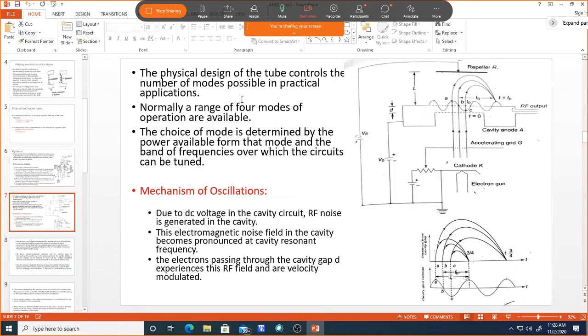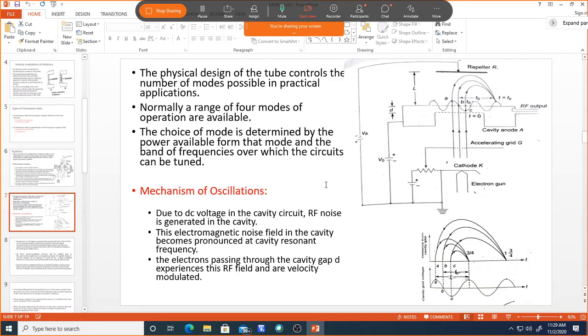So this physical design, the repeller space, controls the number of possible modes. When we change the repeller voltage, the collection of electrons changes at different positive RF cycles. The mode generated decides the frequency as well as the power.